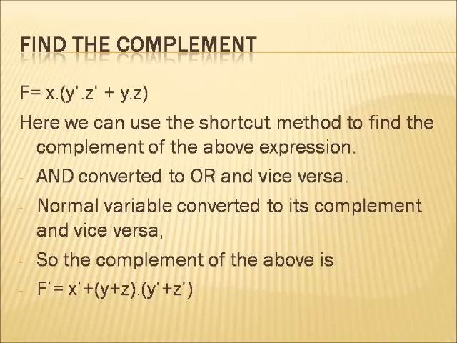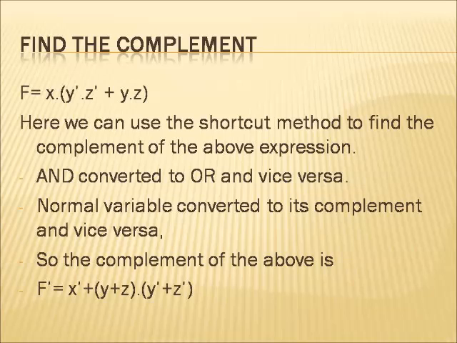Okay, here we are going to find the complement of another expression, f is equal to x dot y bar dot z bar plus y dot z. Here we are using the shortcut method.